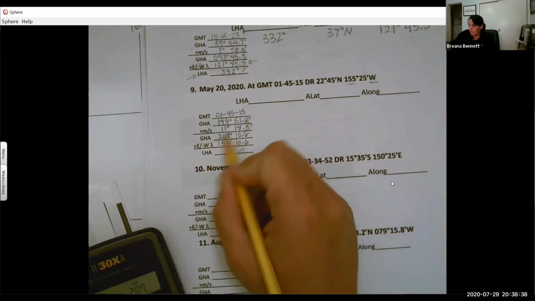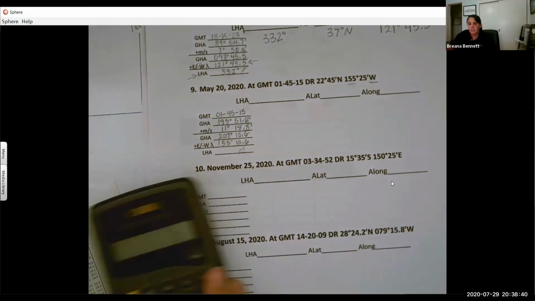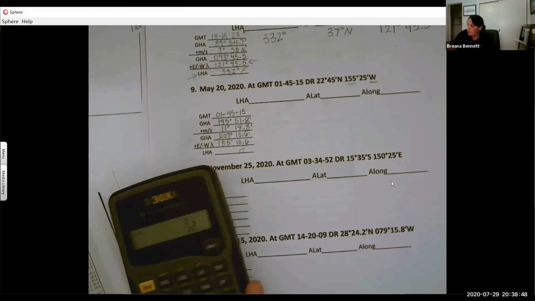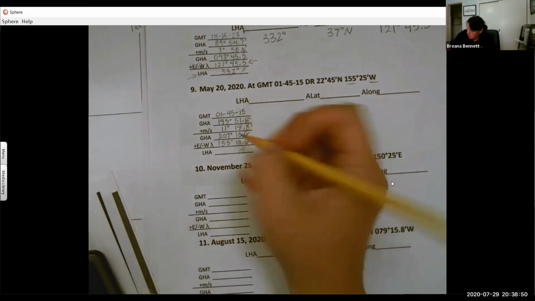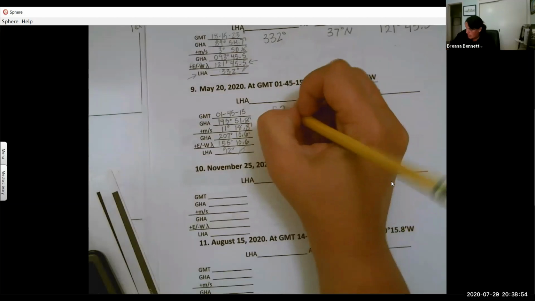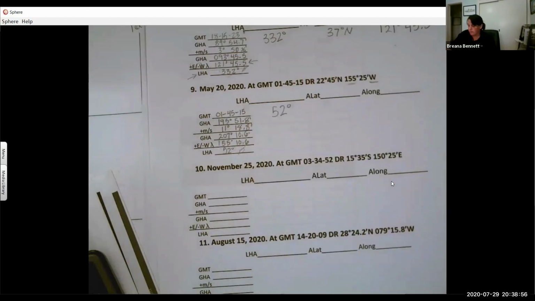And then to put in this number, I get 207 minus 155 gives me 52. So I have an LHA of 52 degrees.